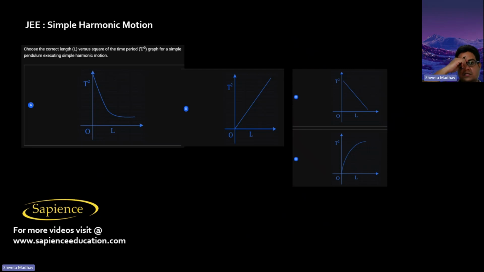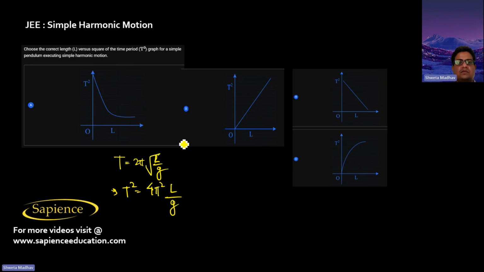Choose the correct length L versus square of the time period T square graph for a simple pendulum executing simple harmonic motion. So for a simple pendulum, you can say T equals 2 pi root over L by g. So therefore, I can say T square should be equal to 4 pi square into L by g.